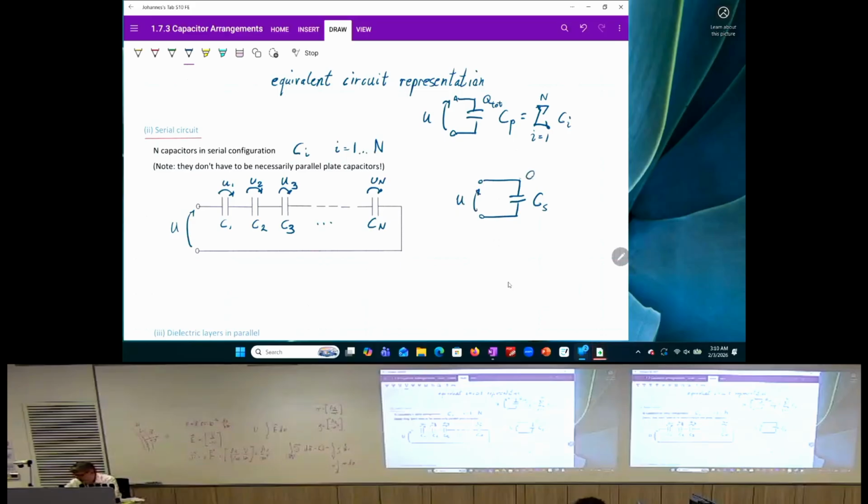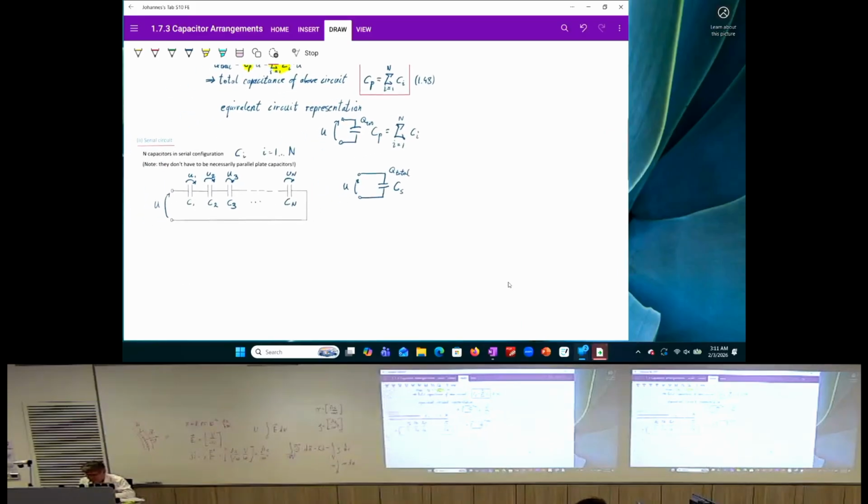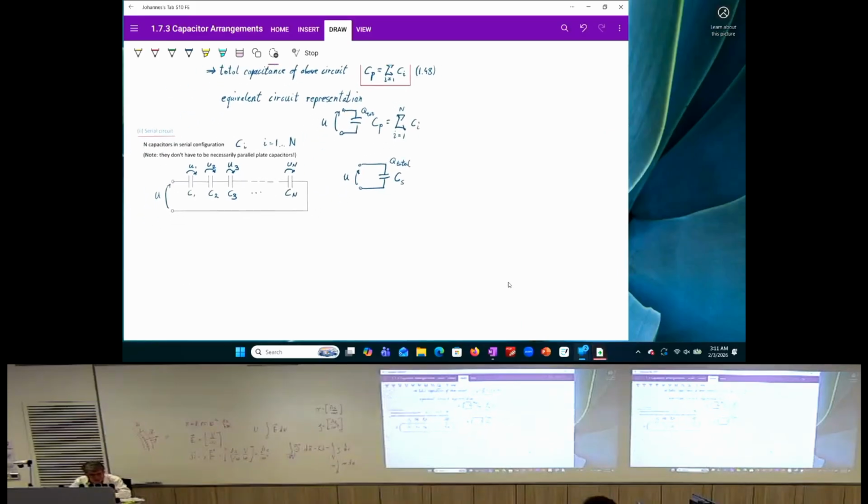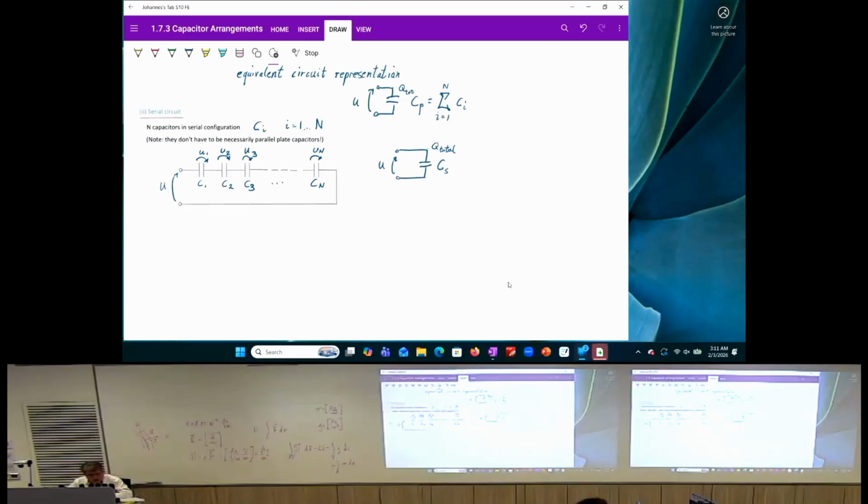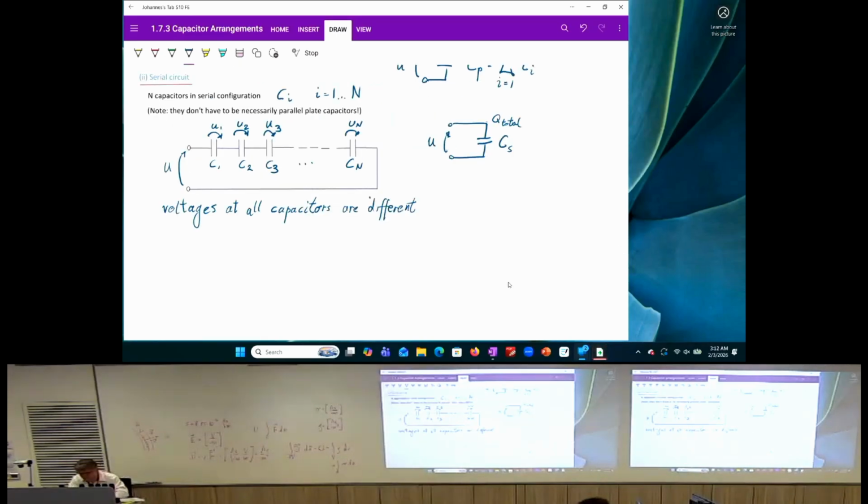You have again here your Q total on the capacitor space here. So now we see the scenario is a bit different because we have voltages at the capacitors which are obviously different. In the previous example, they were all the same. So the total U here is splitting up into these individual components, U sub 1, U sub n.